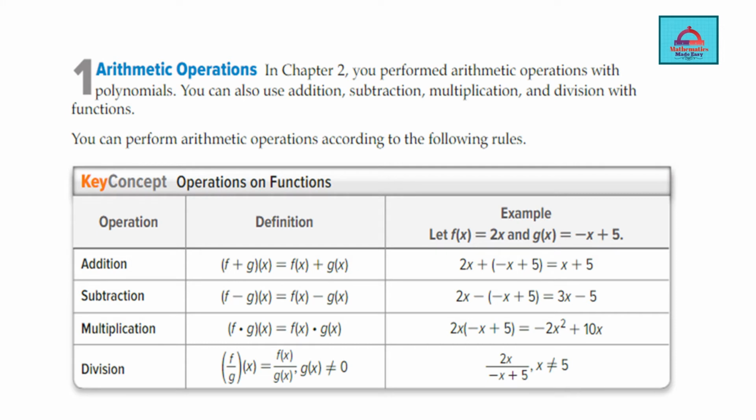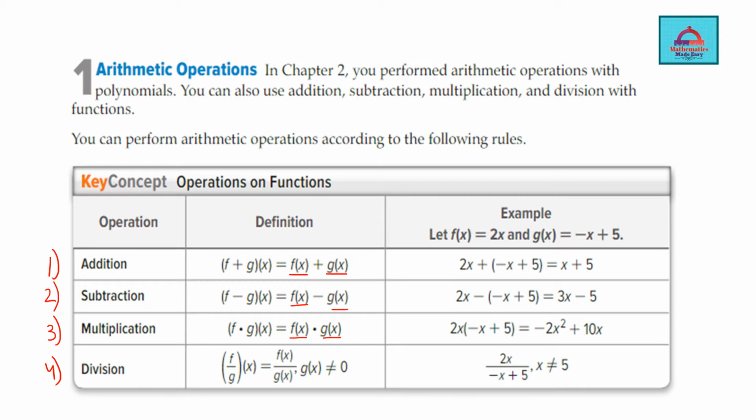Okay, so the arithmetic operations, as I told you, are 4 types that we'll be looking at. We'll be doing addition, subtraction, multiplication, and division of 2 functions. If you have the first function f of x and the second function g of x, then you can add to get f of x plus g of x, subtract to get their difference, multiply to get their product, and divide to get their quotient.